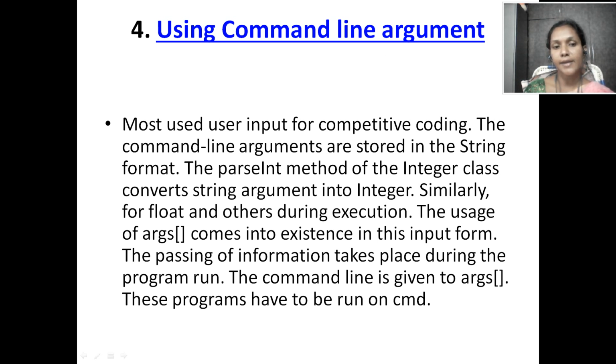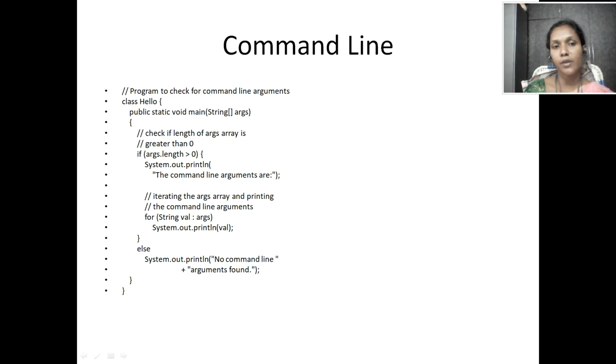Dynamically, it can take the data from the user, and it stores the data in the args array of string type. So you can supply the values and print those values. In my earlier lecture, class 2, I already told how to read the values from the command line and how we can print it.